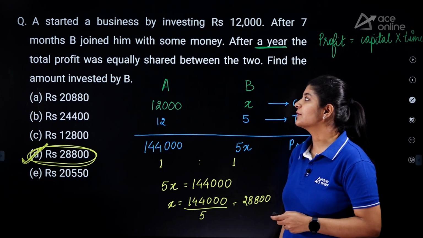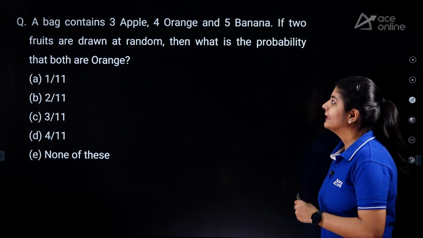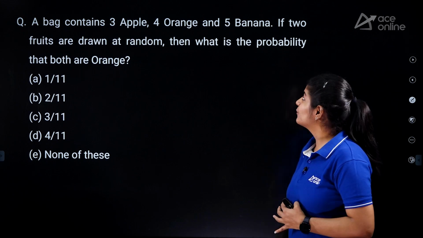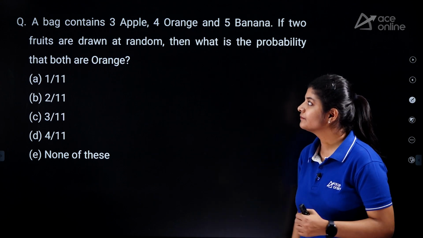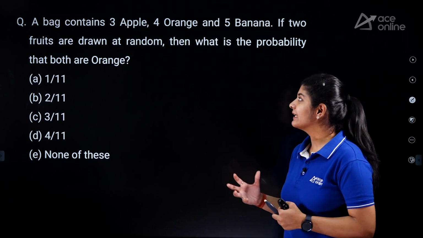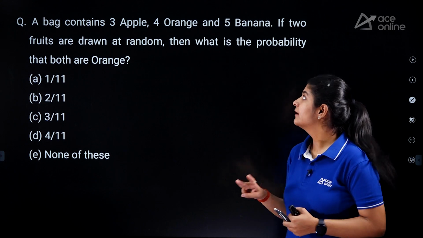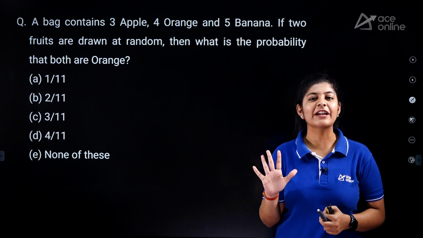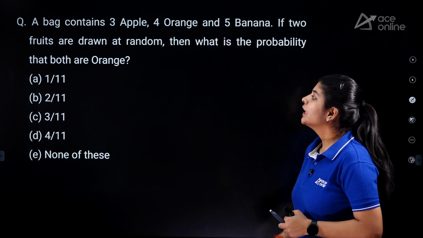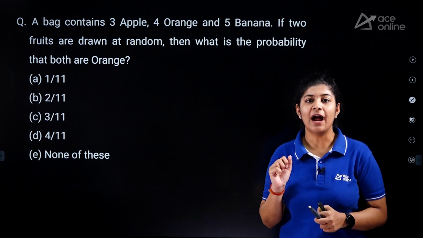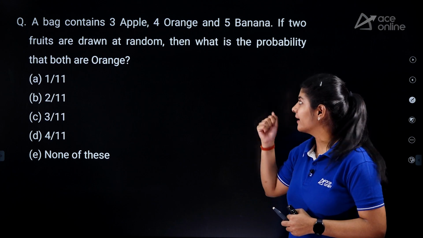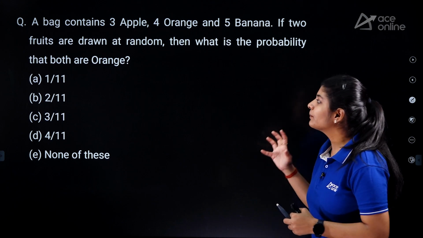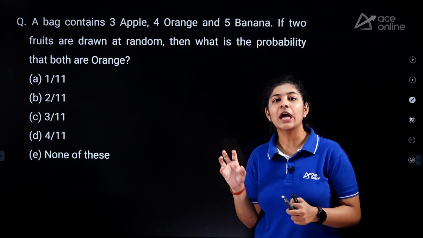Okay, next question. Again, we are having a next question from the concept of probability. So the question says that a bag contains 3 apples, 4 orange and 5 bananas, right? If 2 fruits are drawn at random, we are drawing it as a random, okay? Then what is the probability that both are orange?